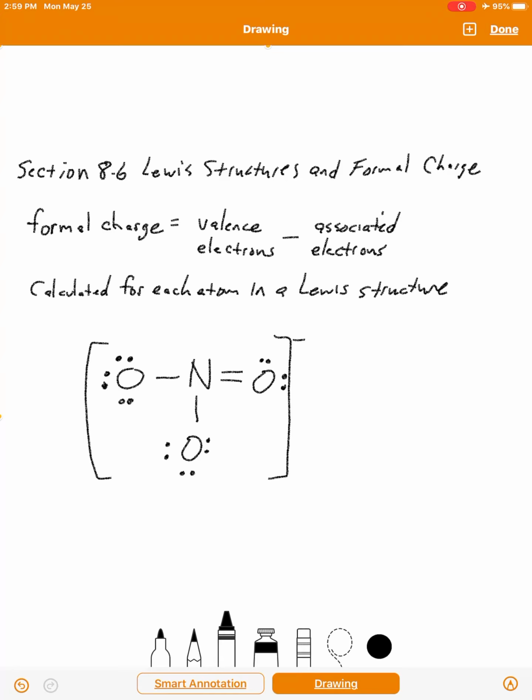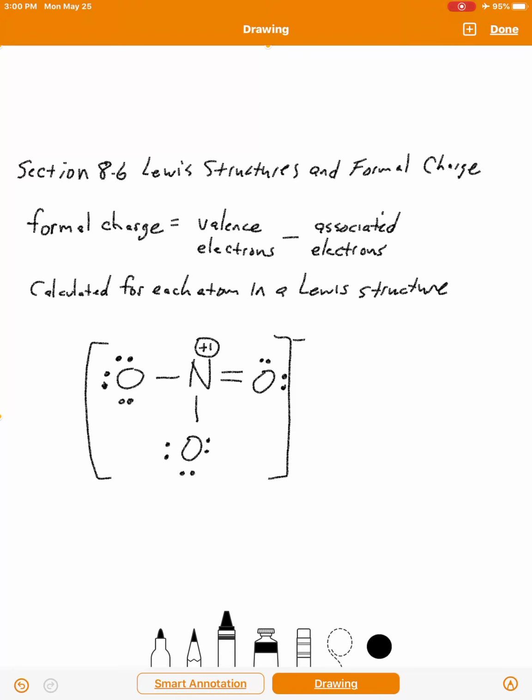Sometimes the formal charge is indicated in a circle near the symbol for the atom in the Lewis structure. So for example, the nitrogen here has a formal charge of +1. Formal charge can be positive or it can be negative.